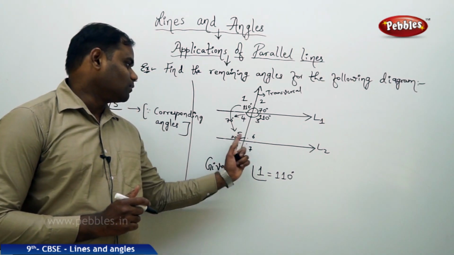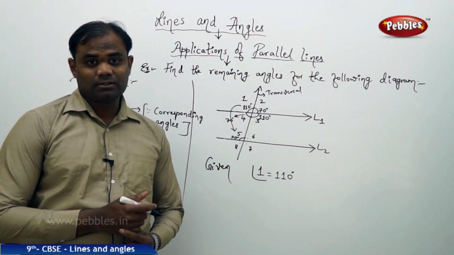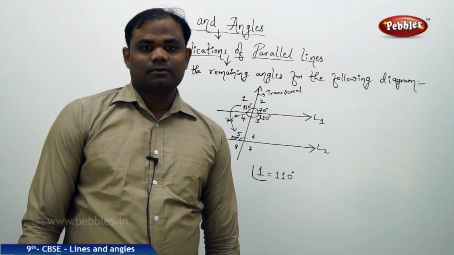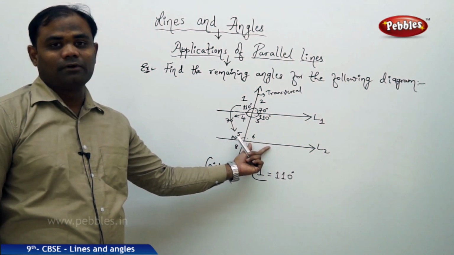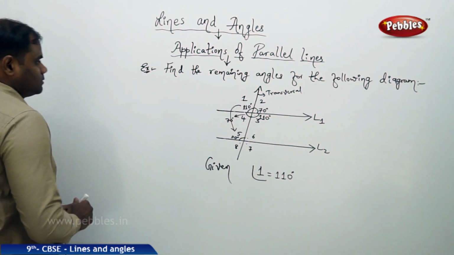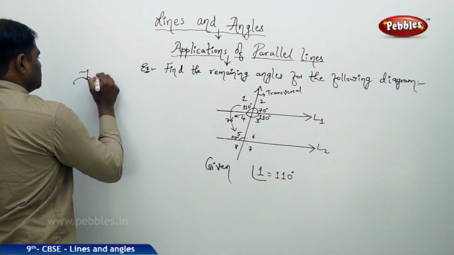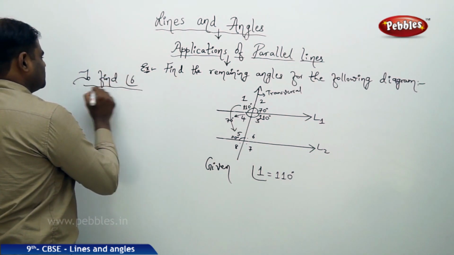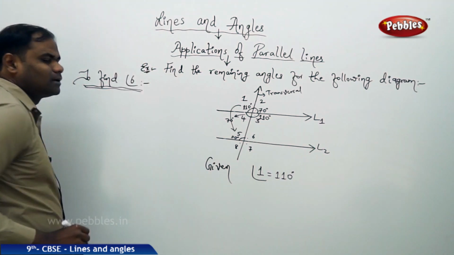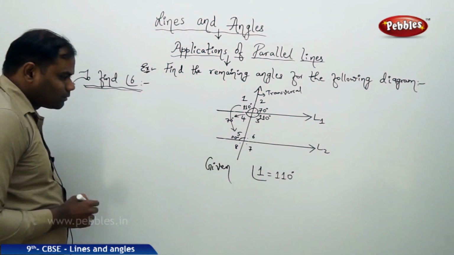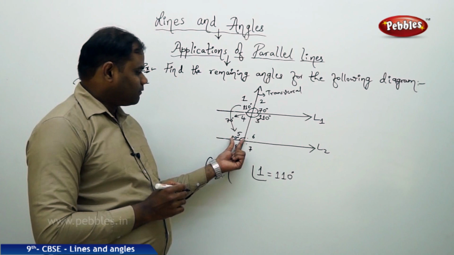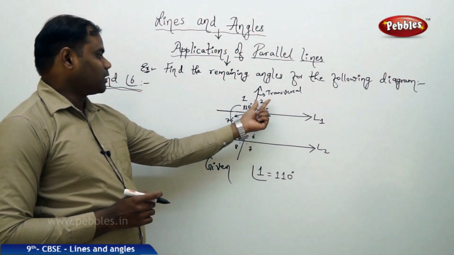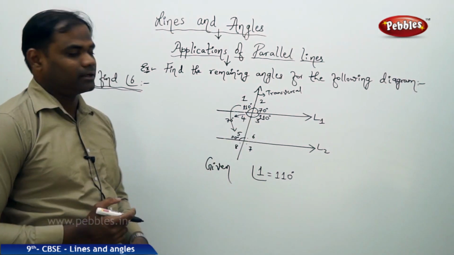Next, let's see how we can find angle 6. To find angle 6, now clearly I can see that angle 5 and angle 6 form a straight line angle, just like angle 1 and angle 2 which form a straight line angle.